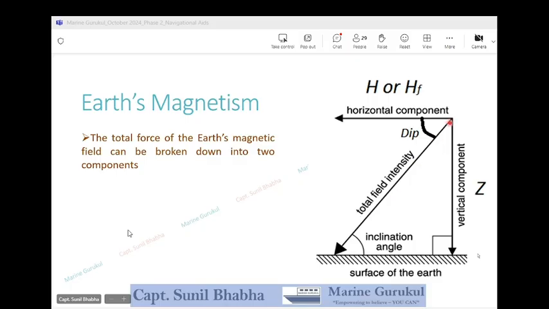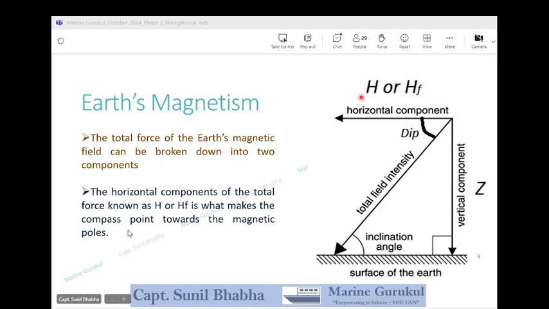These two components are, one is the horizontal component, which is known as H or HF, a short form for horizontal force. This horizontal component of the total magnetic field of the Earth, which is known as H or HF, is what makes the compass point towards the magnetic poles. This H or HF basically provides the directive force to our compass.